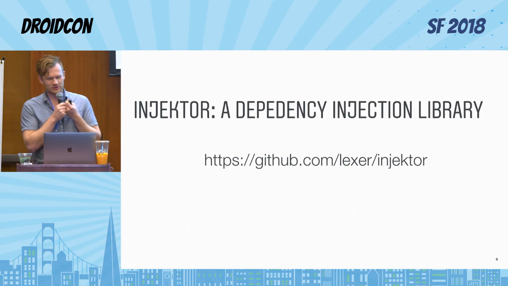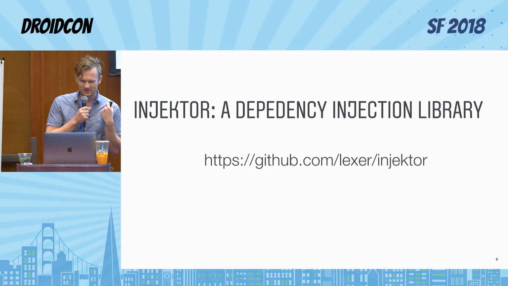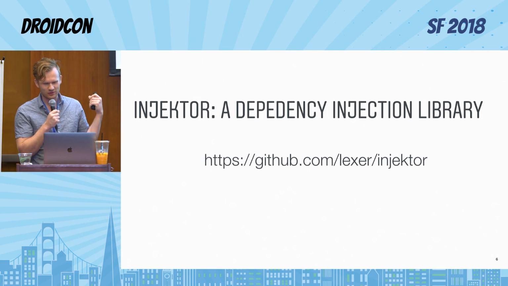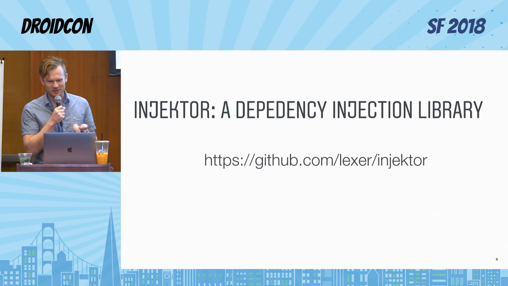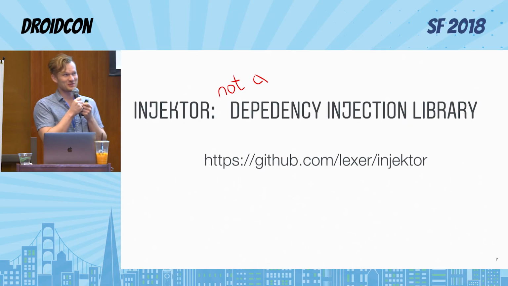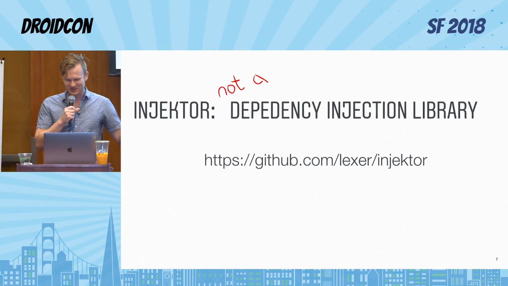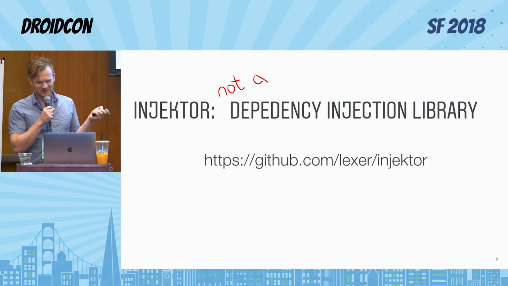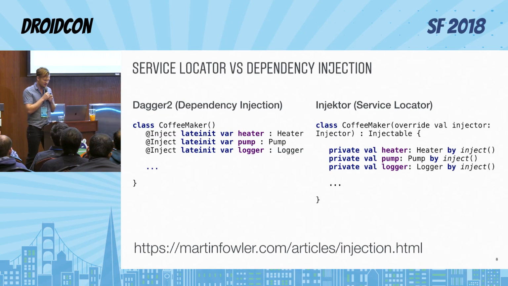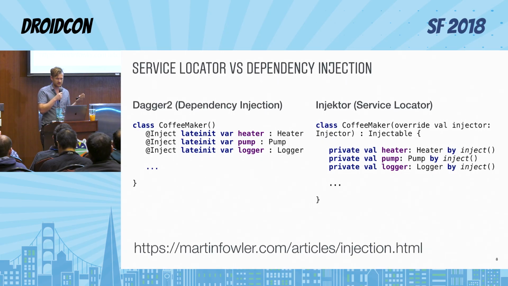Today I want to introduce you to my new dependency injection library that I wrote for Kotlin called Injector. And to be completely honest with you, it's actually not a dependency injection library. So what is the controversy about the naming? The controversy here is that my injection library actually implements a pattern called a service locator.